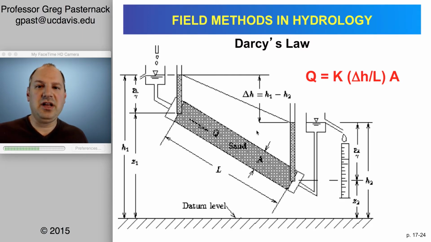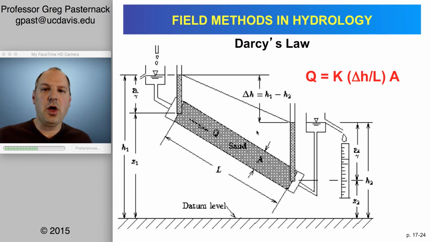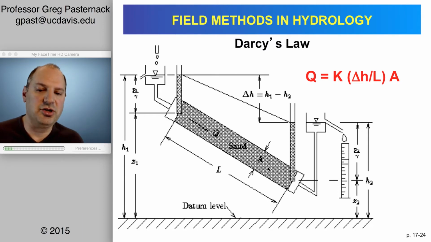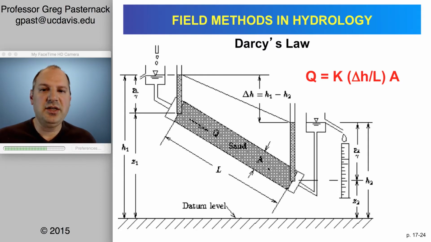You can imagine, and I've sort of said this before, that water flows from areas of high pressure to low pressure. So this is what's driving the water through this experimental setup. And our goal is to figure out what is Q, the discharge. Now, if this was a river, we know that because gravity is driving the flow of water, the steeper the slope, the higher the velocity, and therefore the higher the discharge that can be moved.